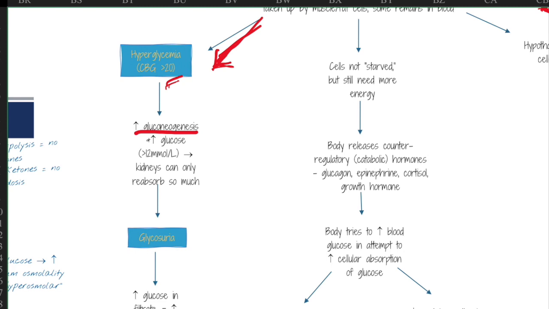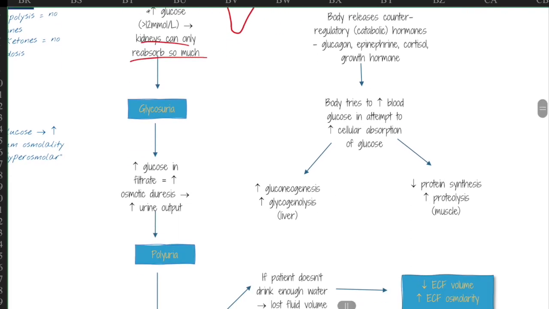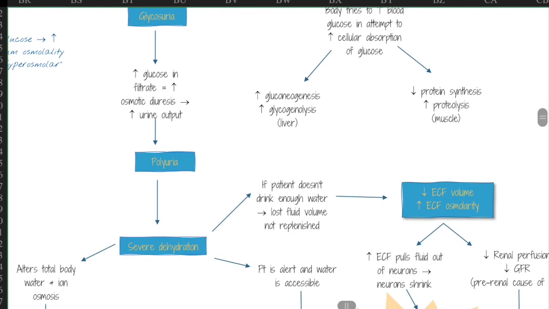So in the proximal tubule, when the fluids come down, most of the glucose that comes down is actually reabsorbed back into the blood. But once it gets to the point where there's just so much, the kidneys can only reabsorb so much. And what happens is you actually end up with glycosuria. In other words, glucose in the urine.